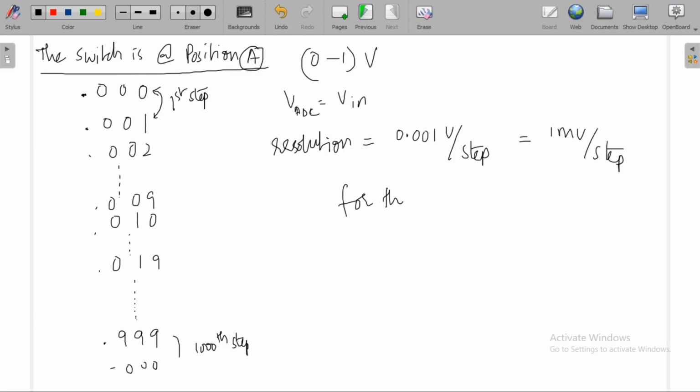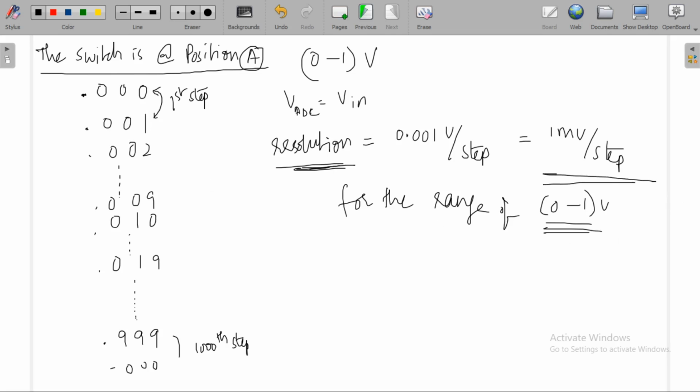For the range of 0 to 1 volts, this is the resolution. The minimum voltage that can be detected by this instrument for this range is 1 millivolt.